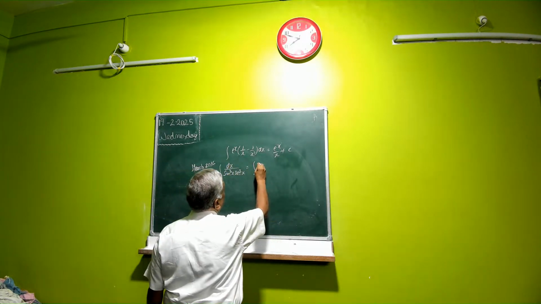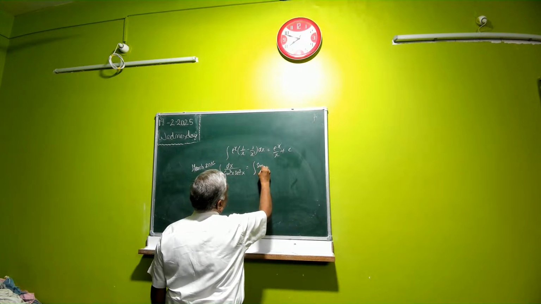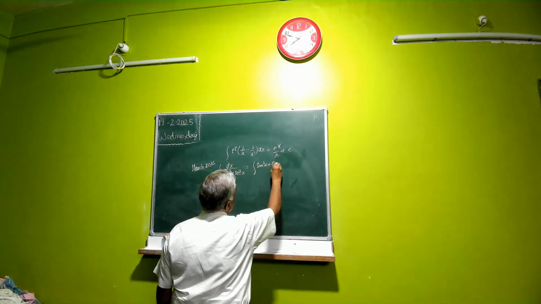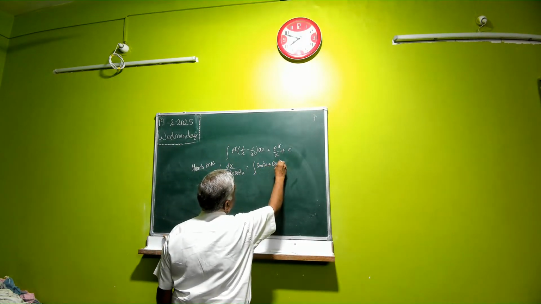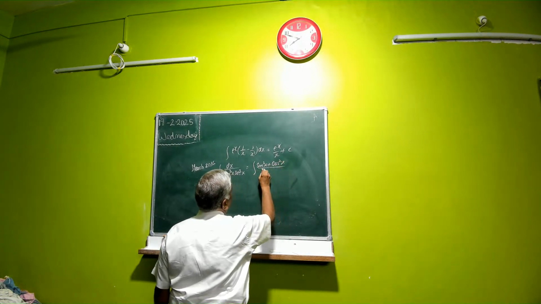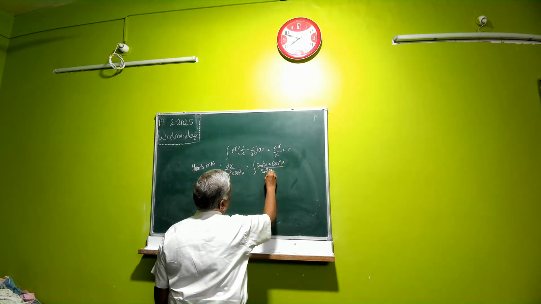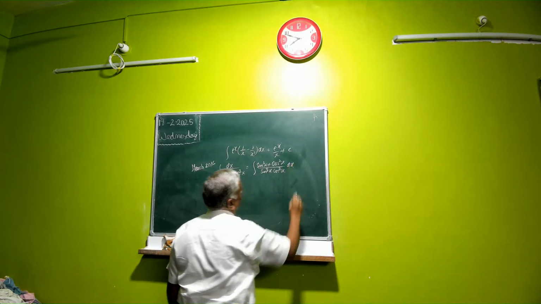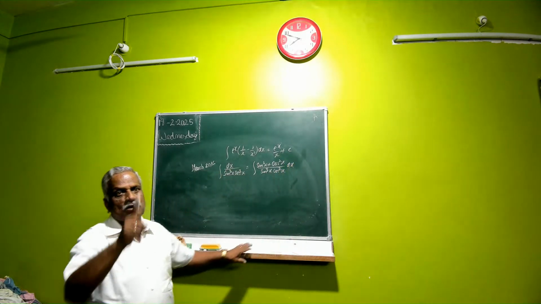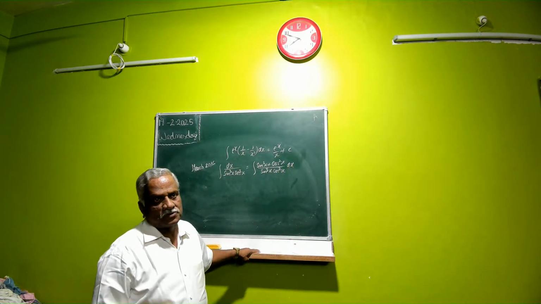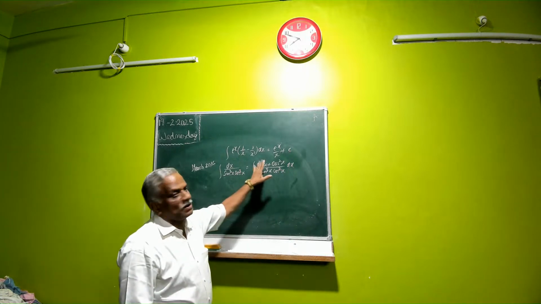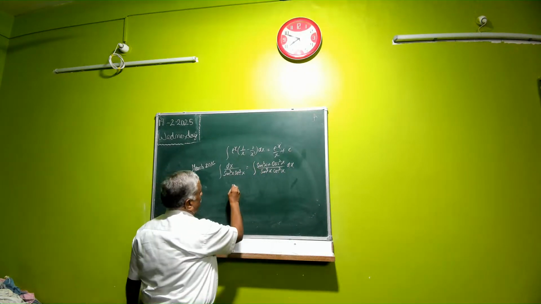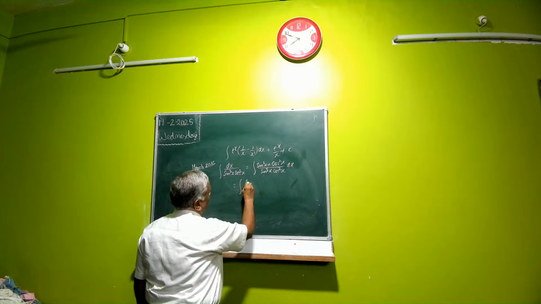I write this one as sin square x plus cos square x divided by sin cube x into cos cube x. So sin square x plus cos square x is 1. So we need to remember we have to use this formula. What is the next step? Separate it.